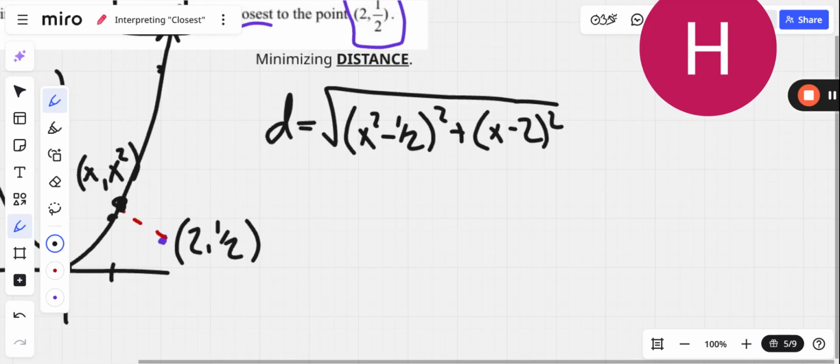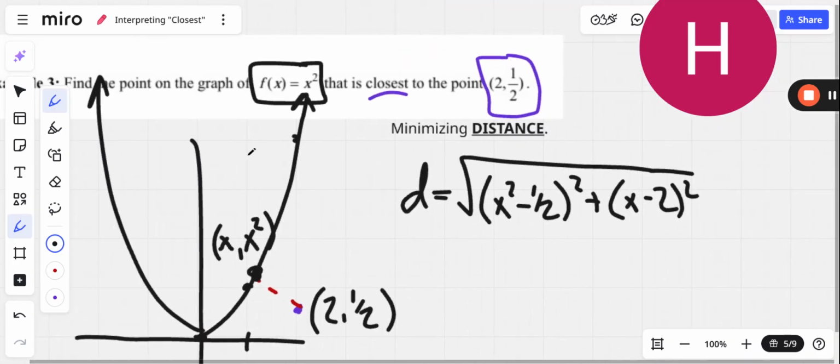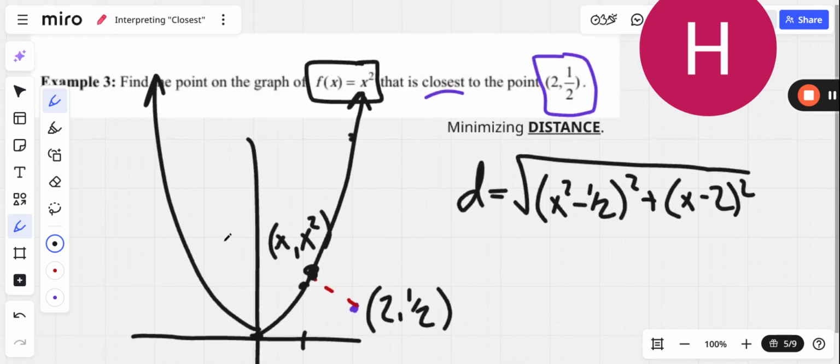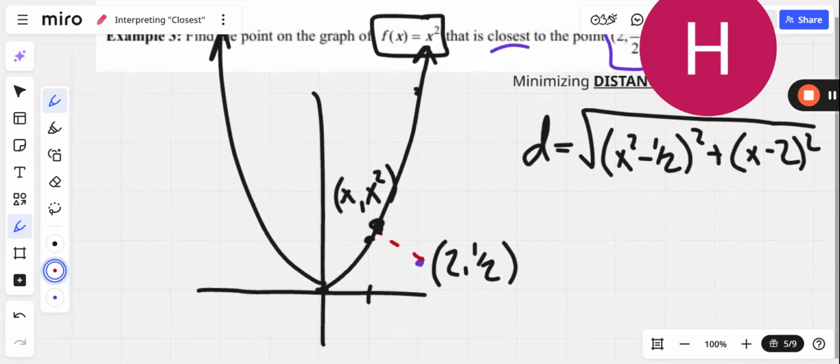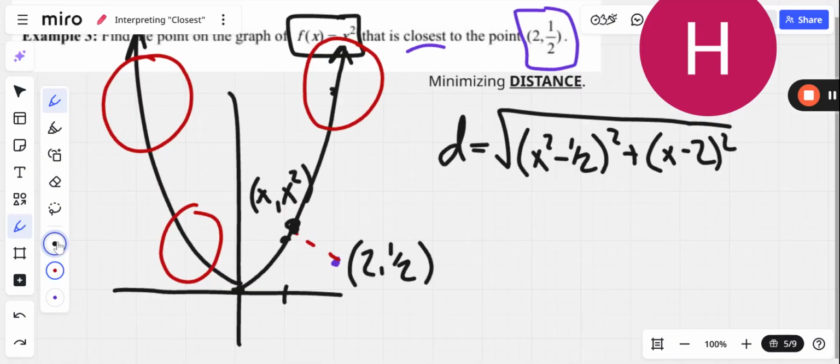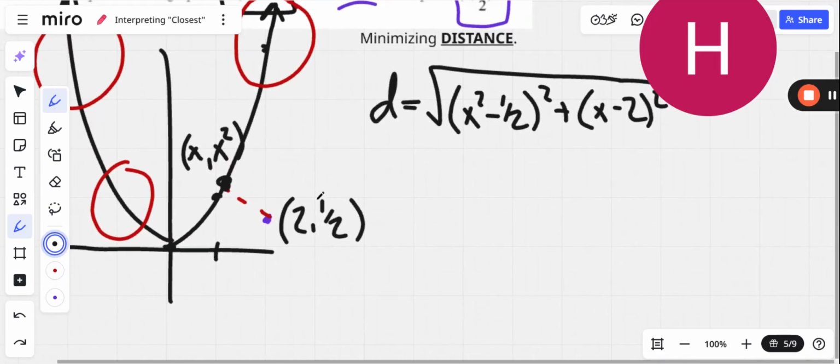Now the interesting thing about minimizing this, you'll notice there's not really a specific constraint, because x can be any value on the parabola, but obviously it's not very close if it's over here, or even if it starts going up here. Even here it's a little bit too far. Clearly we're going to get an answer somewhere in this ballpark, close to x equals 1. So there's no domain restriction, but there's something really useful.